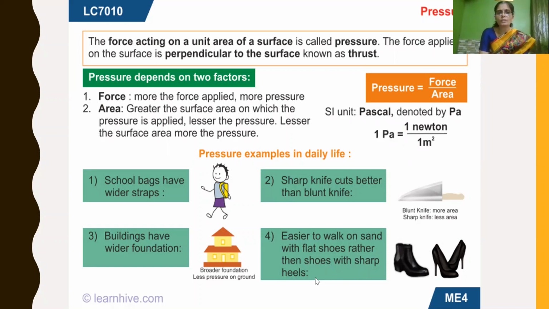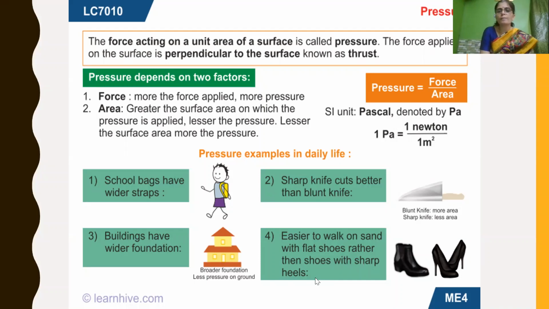What is pressure? The force acting on a unit area is called pressure. So you have to keep in mind, pressure is equal to force upon area. If you keep this formula in mind, you can find the definition of pressure. The same formula can be written as a definition: pressure is nothing but force acting on a unit area.